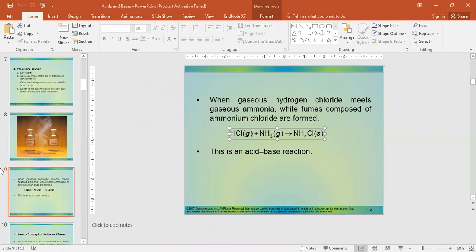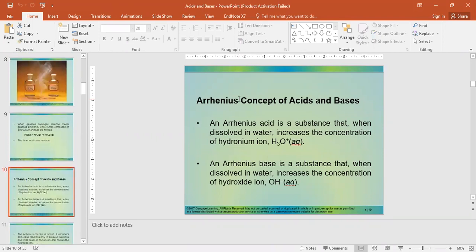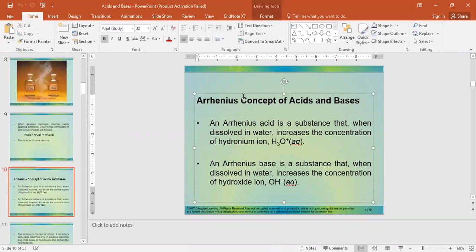So let us start with the Arrhenius concept of acids and bases. When we talk about the Arrhenius concept, we say that an acid is a substance which, when dissolved in water, will produce the hydronium ion.